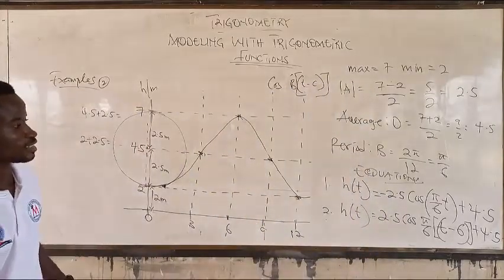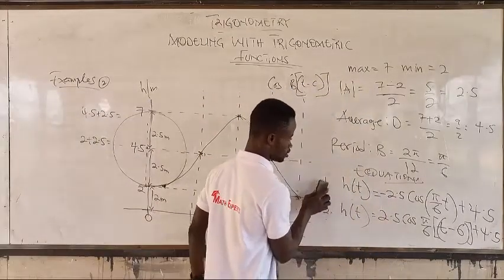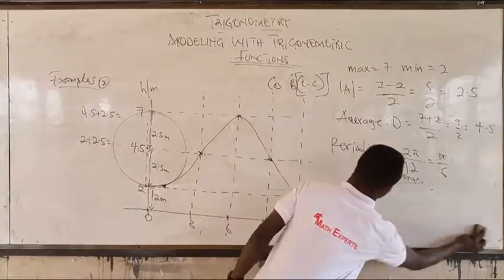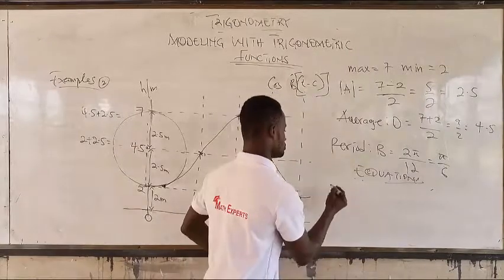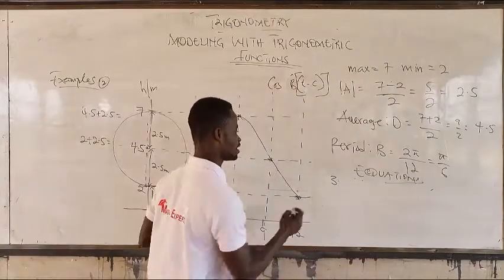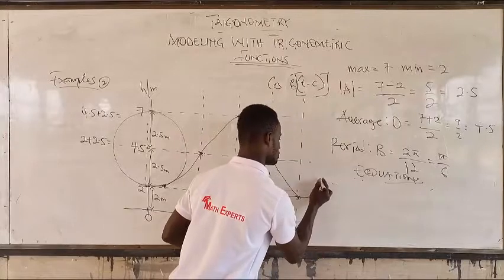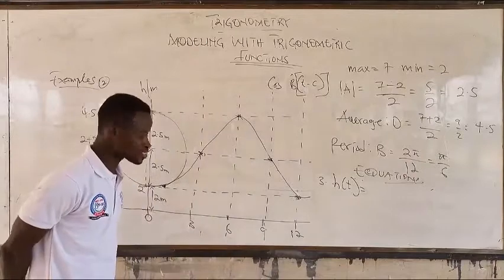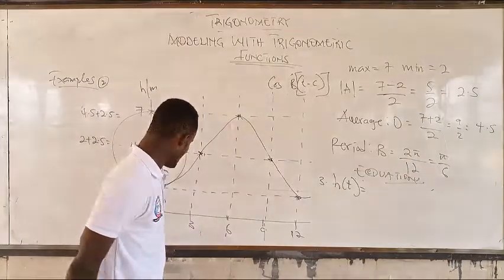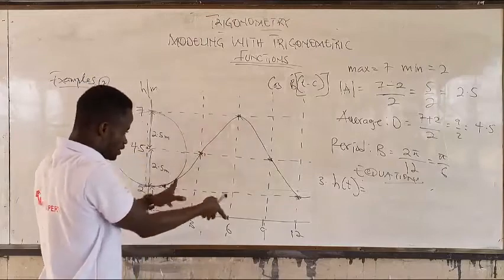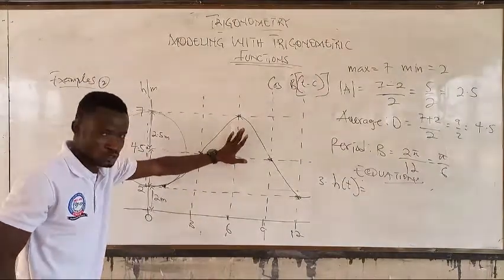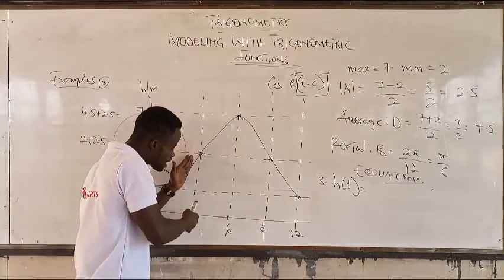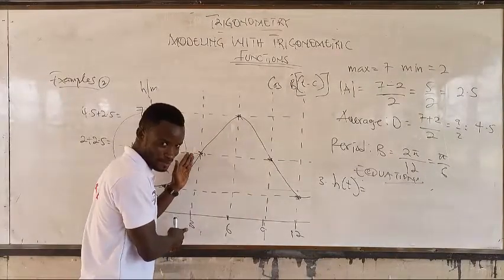So this equation is just for cos. Don't forget, starting from h of t, for sine, at the origin this is a graph of cos. So to get it in sine, we have to shift to the right at where t is 3.